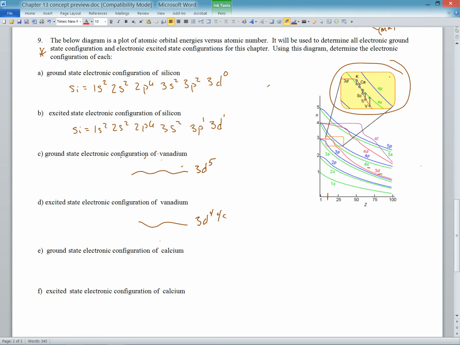Perfect. The ground state goes all the way up to 4S2, and for the excited state it would be 4S1, and then 3D1. The ground state goes up to 4S2, and then the excited state goes to 4S1 and then 3D1.